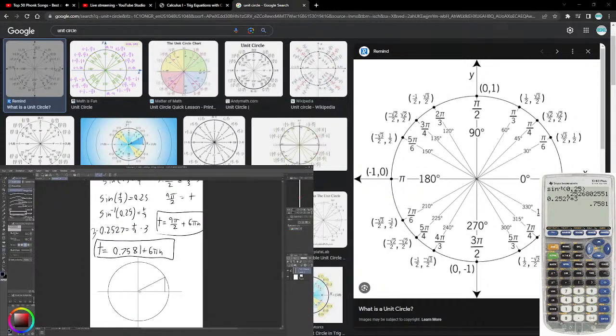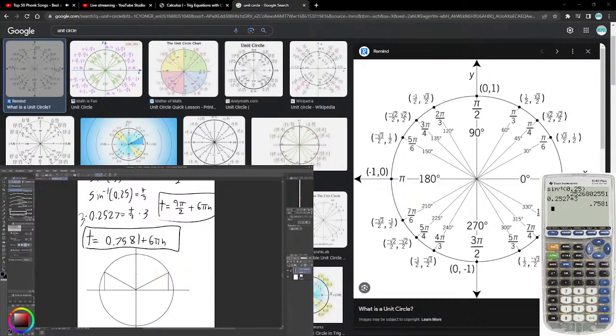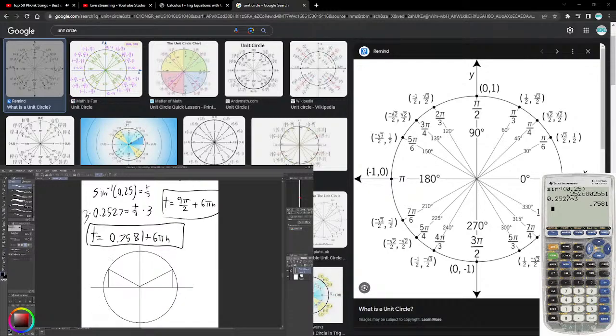And it's positive, so it has to be in this one. So if I take pi minus 0.2527, then yeah, I should get this.